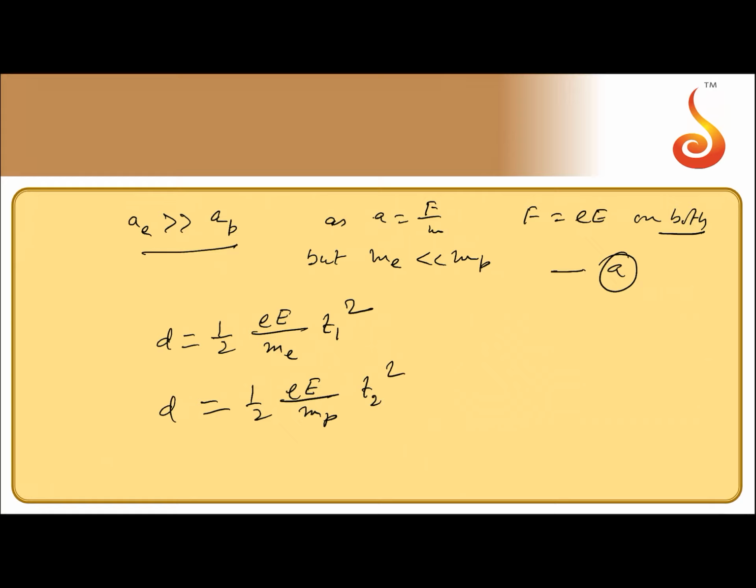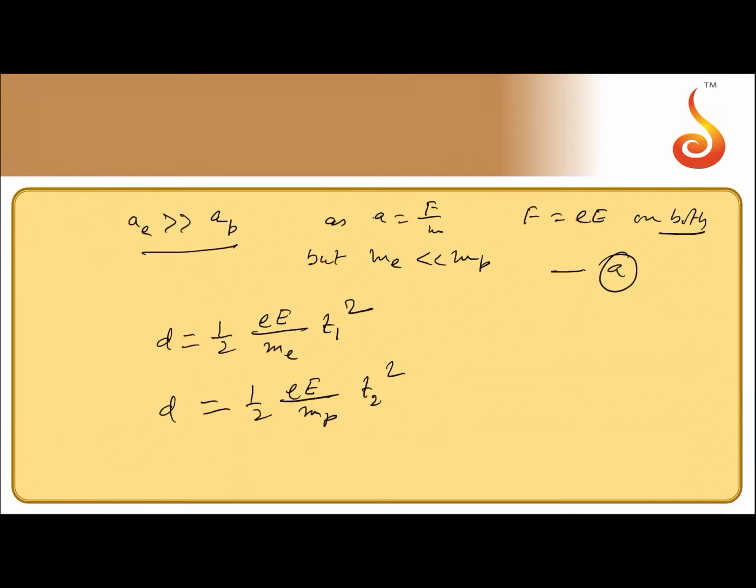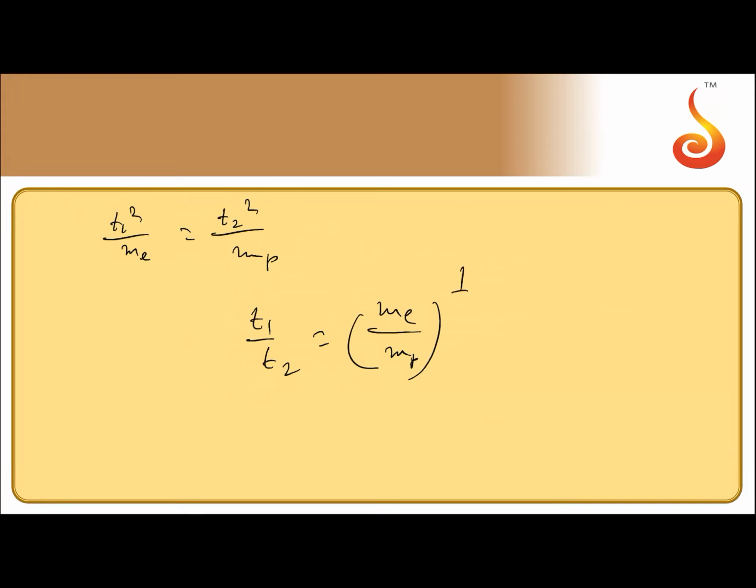So we can see that from this what we get is t1 square by Me is equal to T2 square by MP. So T1 by T2 is equal to ME by MP under root. So this is option C.